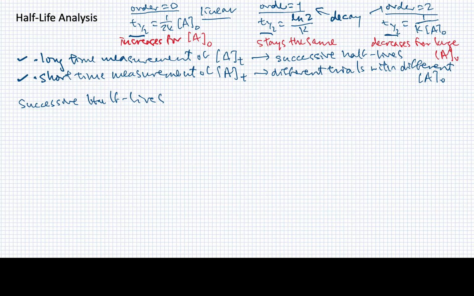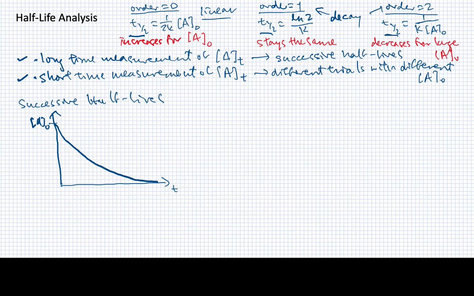But I'll remind you that in the case of the first order reaction, when we look at its decay as a function of time, up here will be our initial concentration of our reactant. We're going to have a decay that comes down like this, and it approaches 0 relatively quickly.